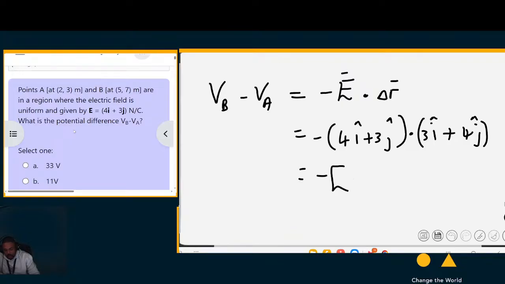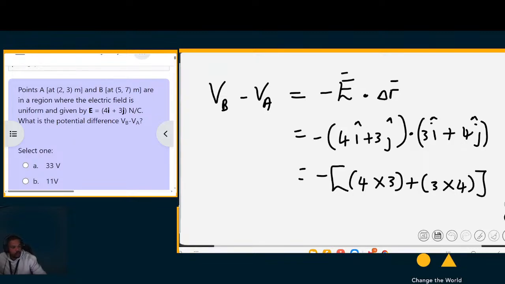The negative stays outside. Let's just do this dot product quickly. It's 4 multiplied by 3 plus 3 multiplied by 4. Let me just check if there are no questions. None yet.